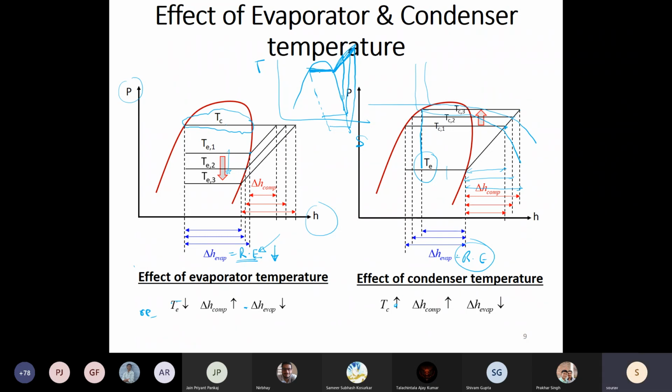That fixes the condensing pressure. Okay, sir, got it. So I'll quickly draw the analogous TS diagram, if you are finding it difficult to follow this.